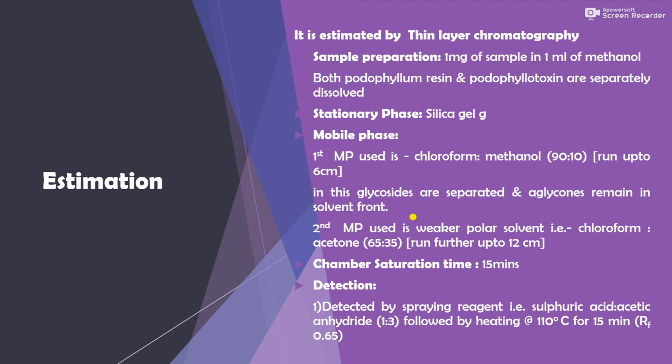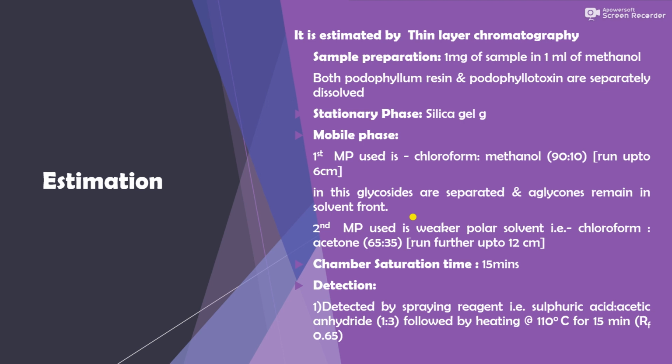Here two mobile phases are used. The first mobile phase is run up to 6 centimeter, in which the glycosides get separated, and further the second mobile phase is applied, in which podophyllum resin and toxins are separated out.